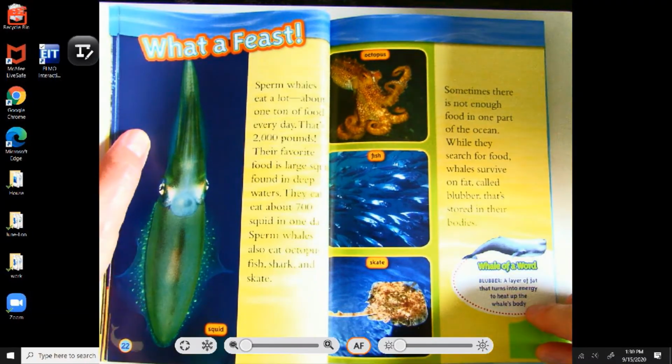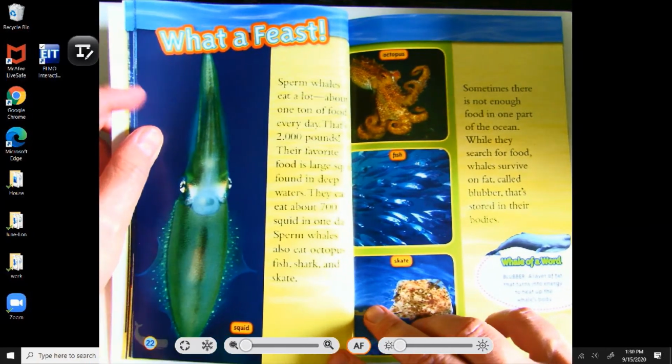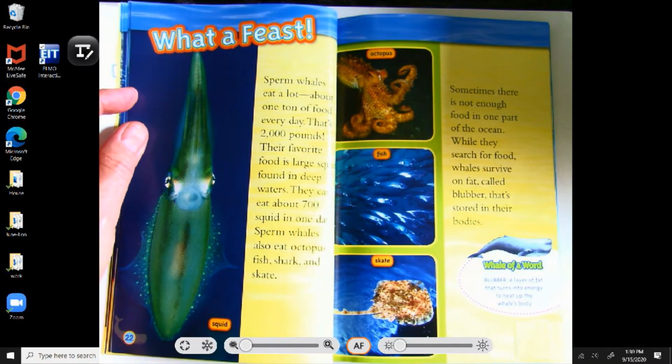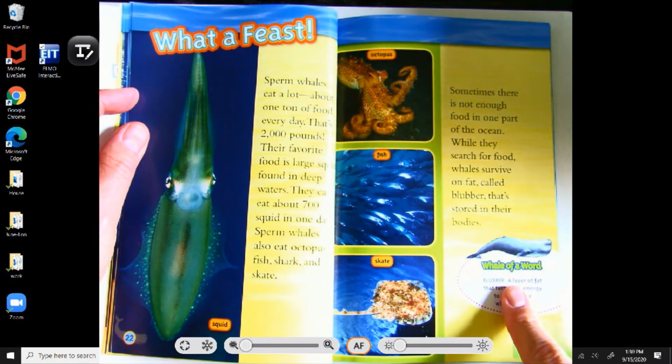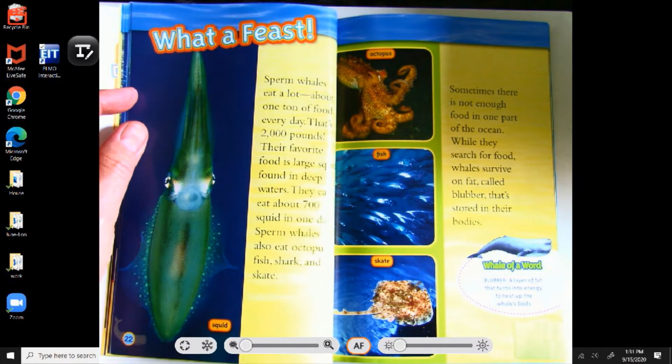Our next chapter. What a feast! Ooh, this sounds interesting. Anybody feeling hungry right now? Ooh, text feature, another vocabulary word. Sperm whales eat a lot, about 1 ton of food every day. That's 2,000 pounds.